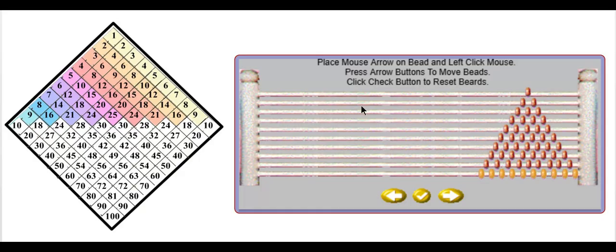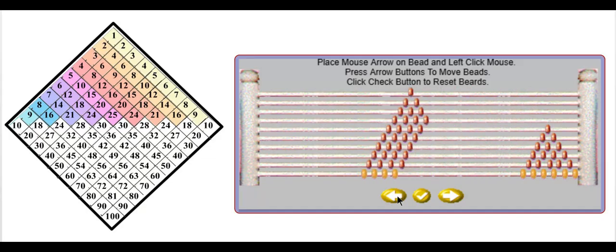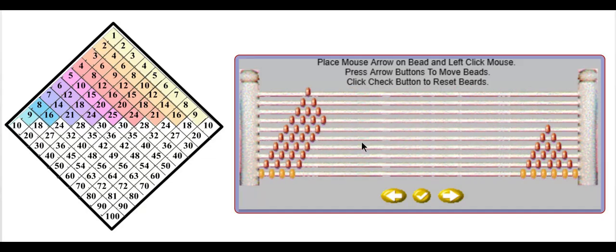Now we can see this over on the Pythabacus also. I can go 1, 2, 3, 4. And then I can go down the left side 1, 2, 3, 4, 5, 6, which is 4 plus 6 equals 10.